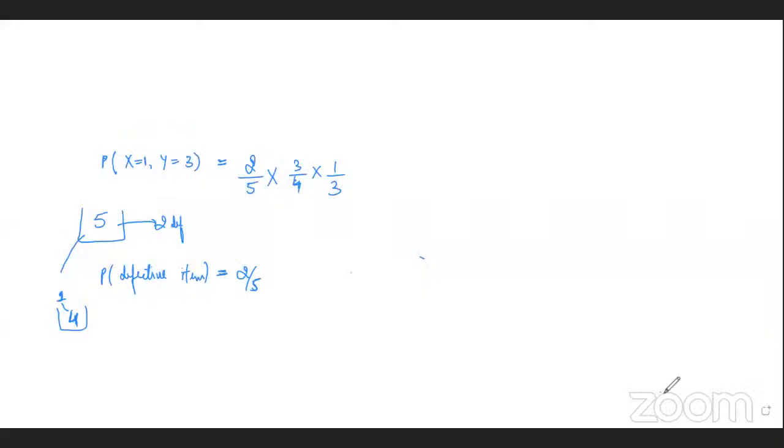Okay, so see, if you look at the PMF of a Poisson random variable, when the random variable takes the value k, it means you have k successes in a particular time period. That is equal to e to the power minus lambda, lambda to the power x by x factorial.